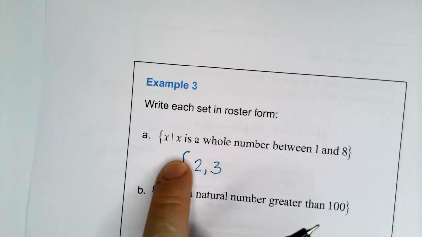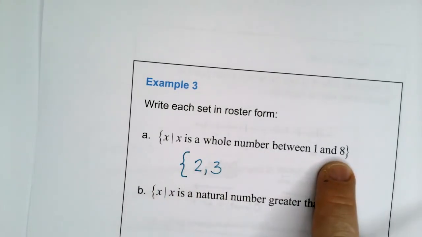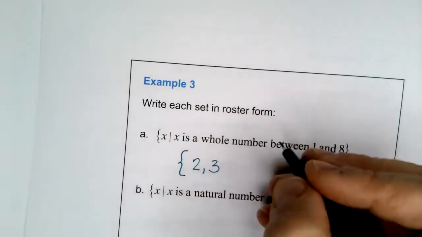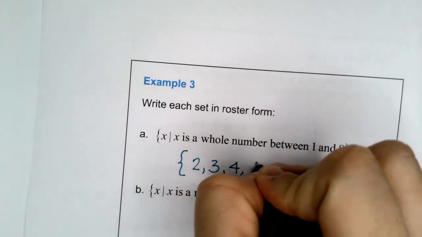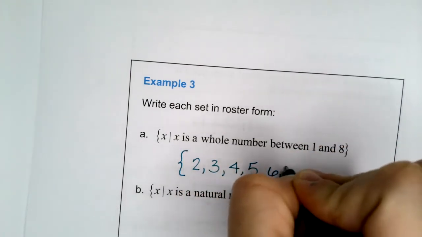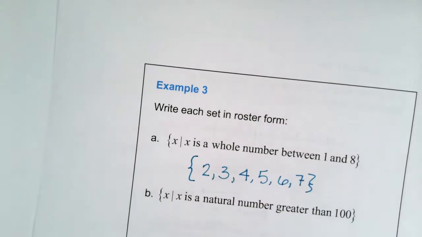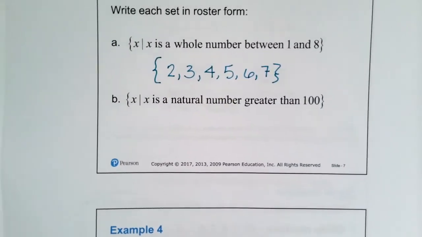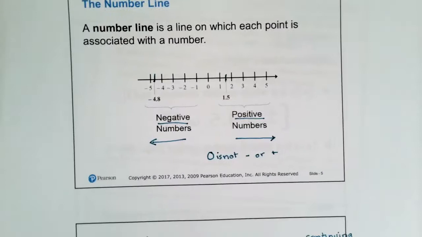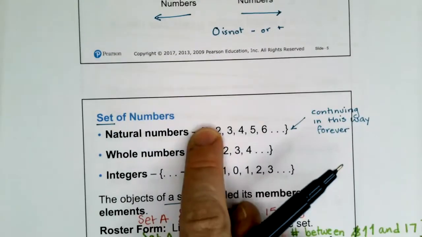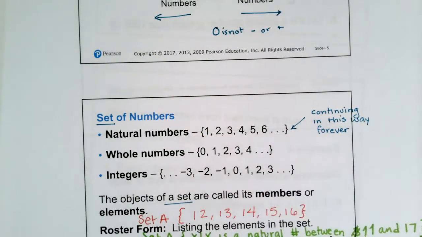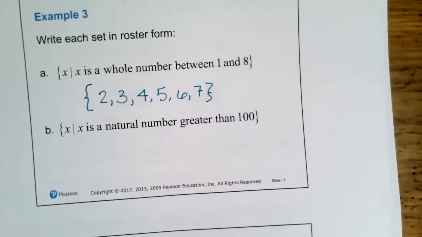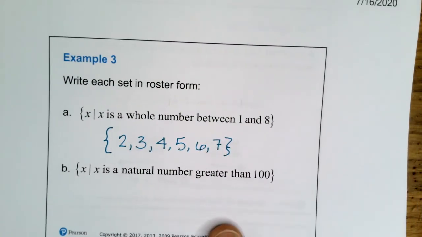So X is a whole number between 1 and 8. We need all of them. 2, 3, 4, 5, 6, and 7, and then you close the set. Good. X is a natural number. So the natural numbers do not include 0. X is a natural number greater than 100.